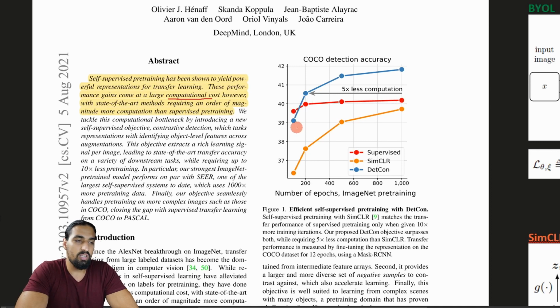And then we can see that this novel method, DetCon, actually surpasses even the supervised method in 5x less computation. You need around 200 epochs instead of 1,000 epochs to achieve higher accuracy on the COCO detection task.